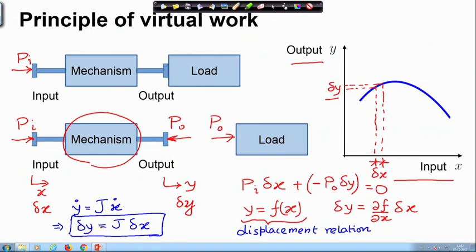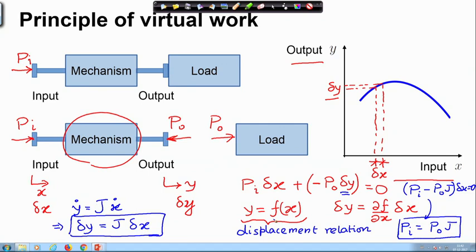Now, I will substitute this delta y in this place. So, then I have P_i minus P_o times Jacobian times delta x equal to 0. So, from here I can very easily conclude that P_i must be equal to P_o times the Jacobian. So, that gives me the force relation.